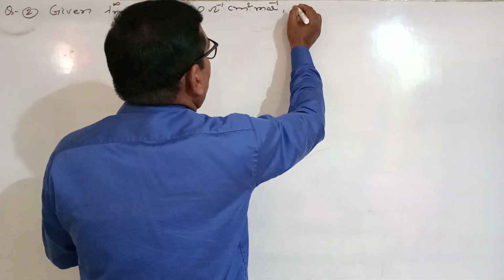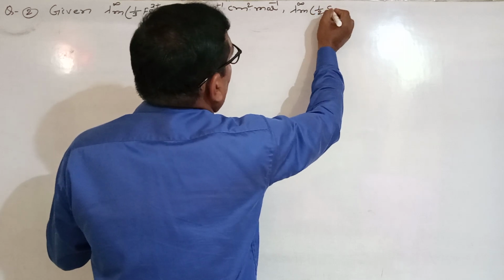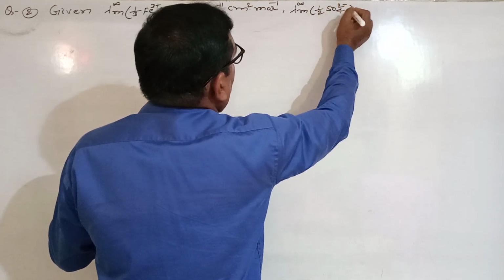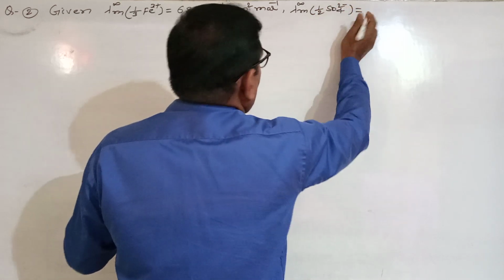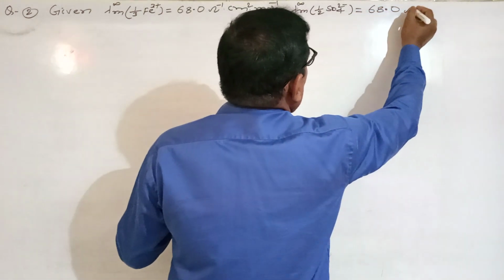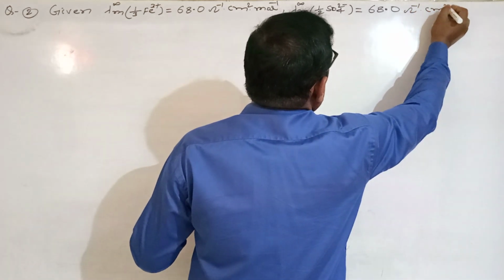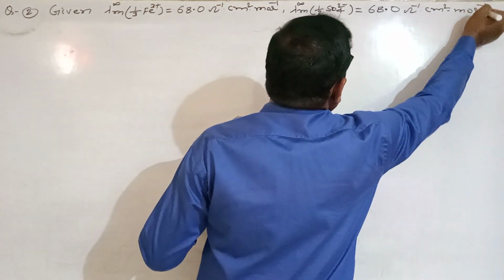The value of lambda infinity m of 1/2 sulfate ion is equal to 68.0 ohm inverse cm square mole inverse.